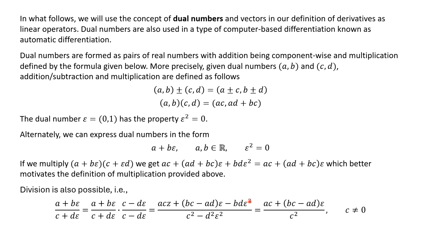Then epsilon squared is 0, so this cancels to 0, and you get this form here. If you like, you could go one more step and write this in the a plus b epsilon form. So it would be a over c plus (bc minus ad) over c squared epsilon. And this all holds if c does not equal 0.